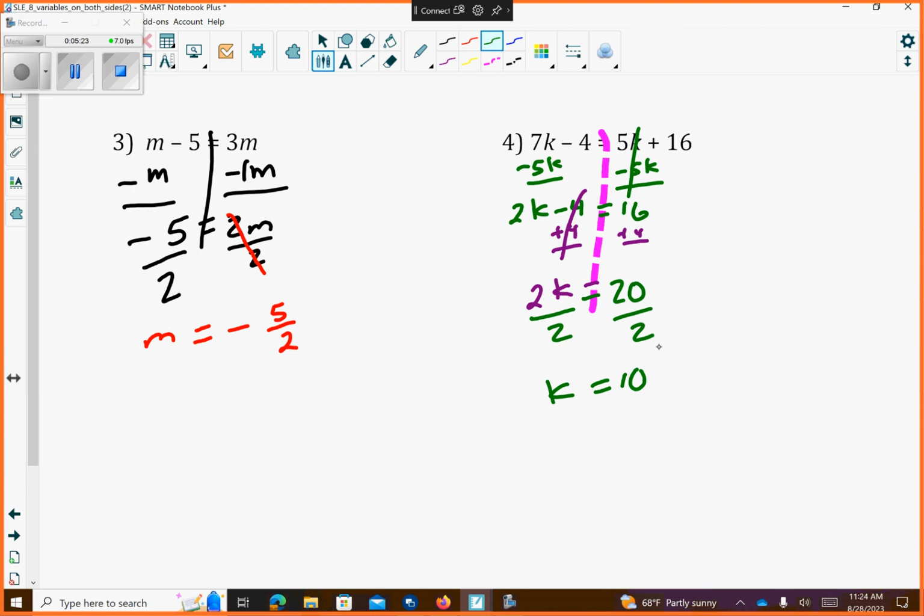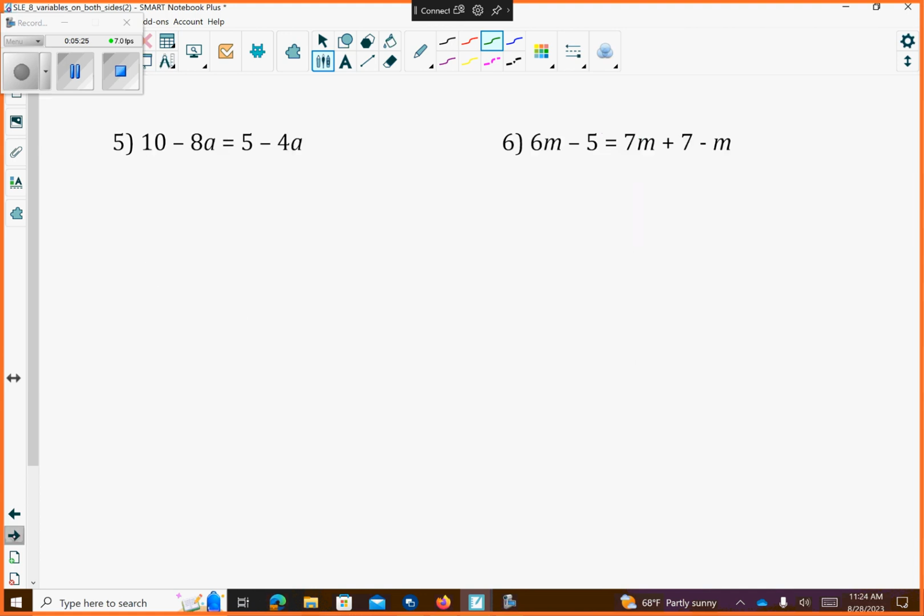Last two problems. Okay, I want to get a by itself, so I'm going to draw our line straight down. So we can add 8a to both sides, or we could add 4a to both sides. It doesn't really matter, so let's add 4a to both sides, see what happens. So those cancel, so I get 10. Negative 8a plus 4a is negative 4a equals 5.